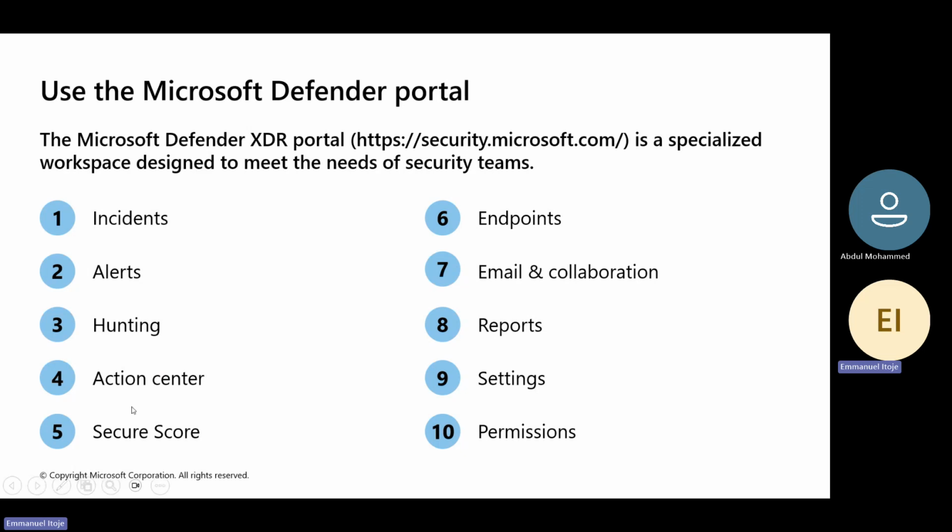Number 4 is action center, then secure score, endpoints, emails and collaboration, reports, settings and permissions. Some of these things we are going to see in today's class, and also see how it can help us as a security operator analyst.